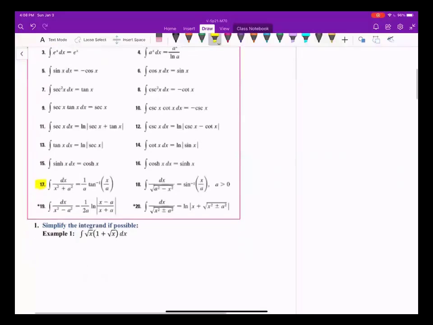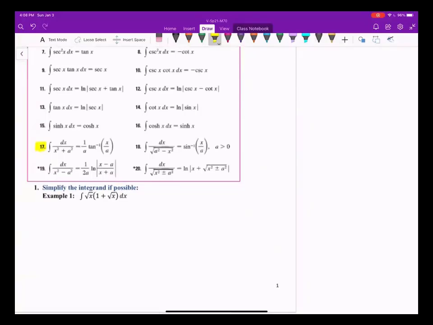So let's see this first example, how we simplify an integrand and then we can integrate. Simplifying an integrand may be one option to integrate the given function. If you are given the integral of square root of x times 1 plus root of x dx, first we simplify, meaning we expand this.